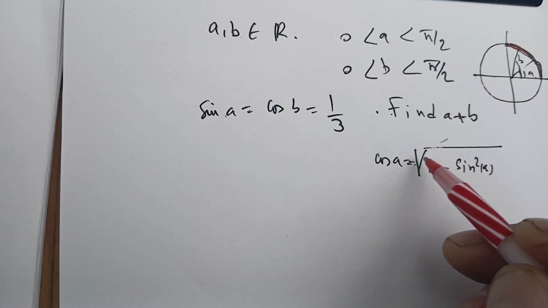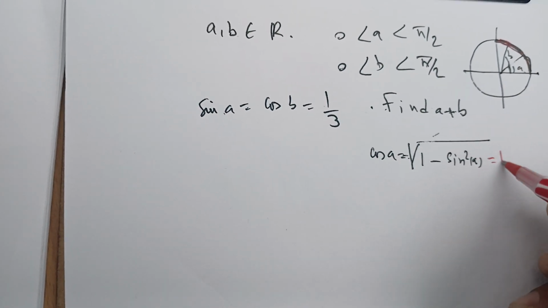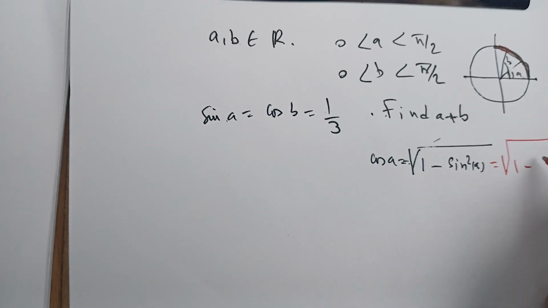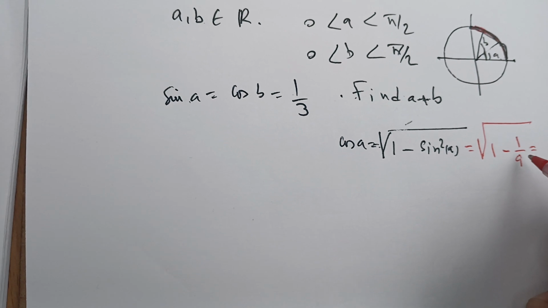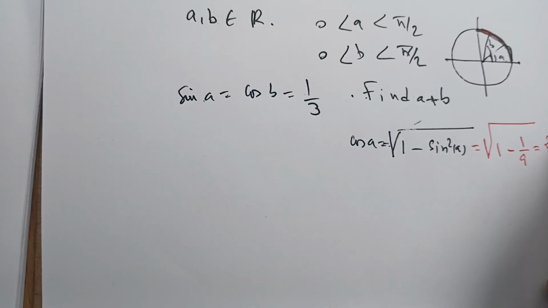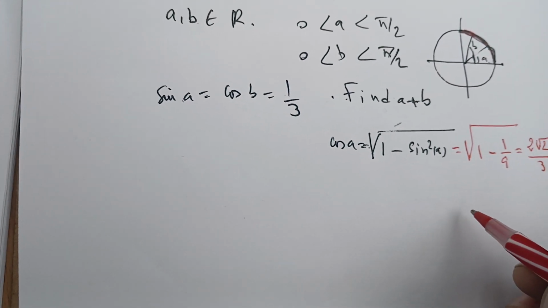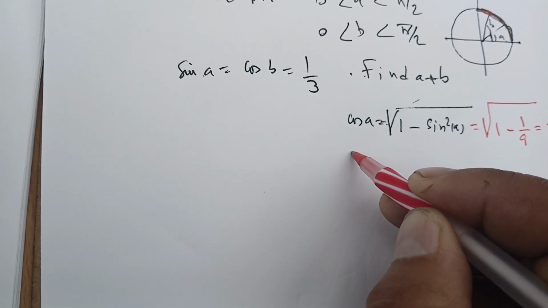That's why we don't have the minus sign. Using that, we get 1 minus 1/9, which gives us 8/9, which we can write as 2 square root of 2 over 3.